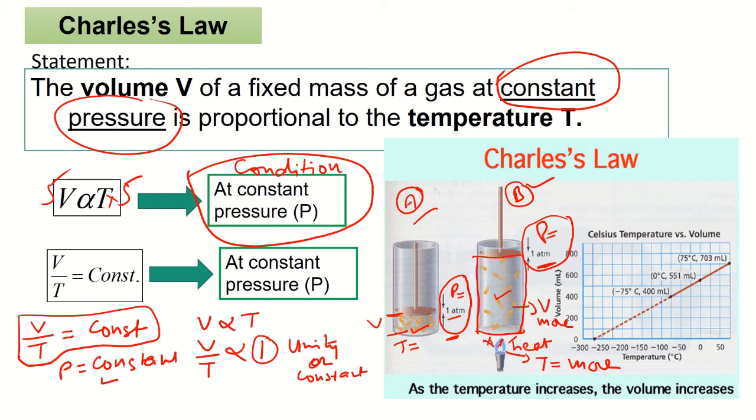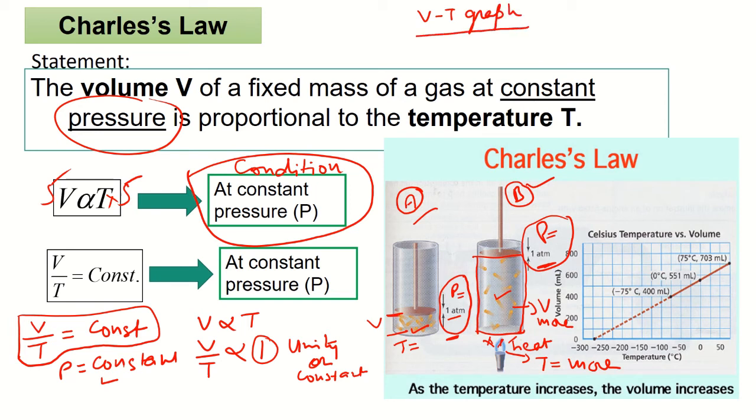The standard graph between the volume and the temperature for Charles is known as the VT graph. This is the volume temperature graph, or we also say the Charles graph.